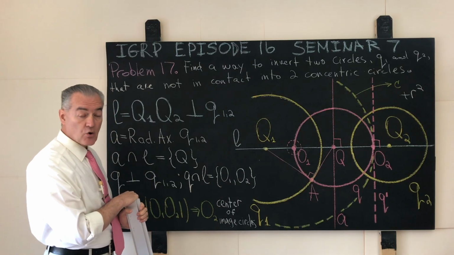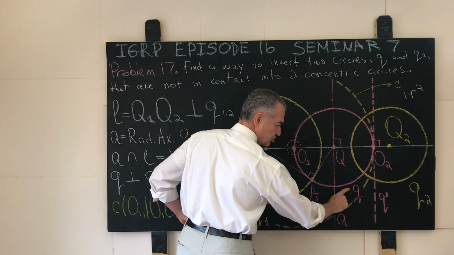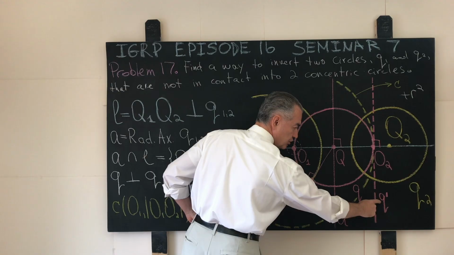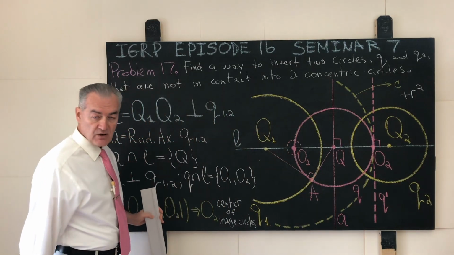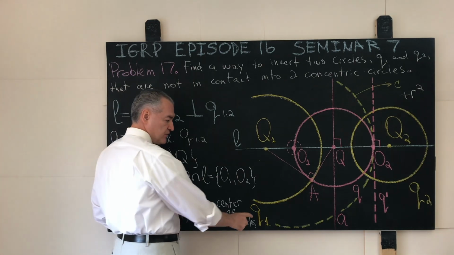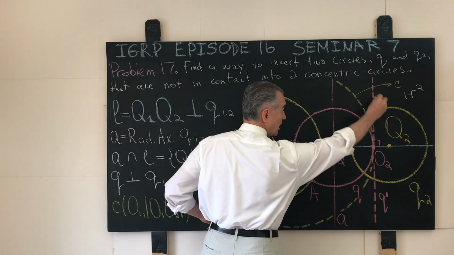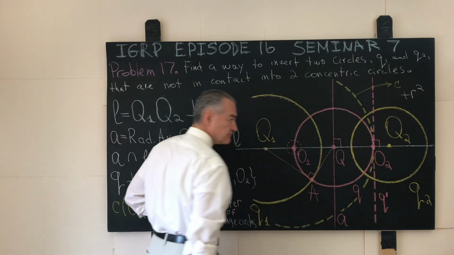They must be orthogonal to the image of the circle Q, or they must be orthogonal to the straight line Q prime. And how can this ever be? Well, this can only be if the centers of the image circles Q prime 1 and Q prime 2 are located somewhere on that straight line Q prime.